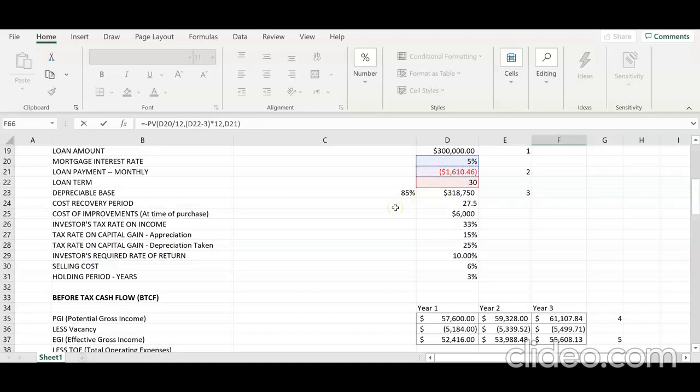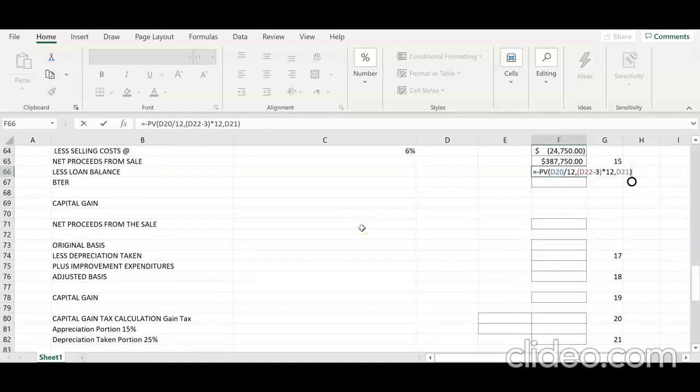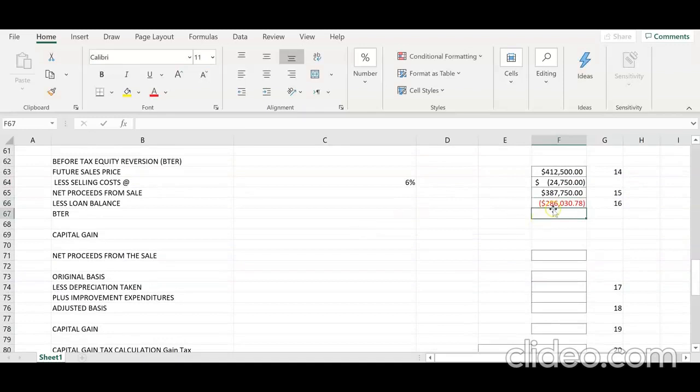Then we close the parentheses. And for the BTER, I used the previous cell for the net proceeds from sale plus adding up the less loan balance.